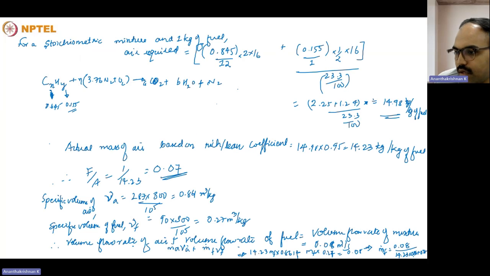Therefore, mass flow rate of fuel will be equal to 0.006 kg per second. So this is from just simplification of this calculation.